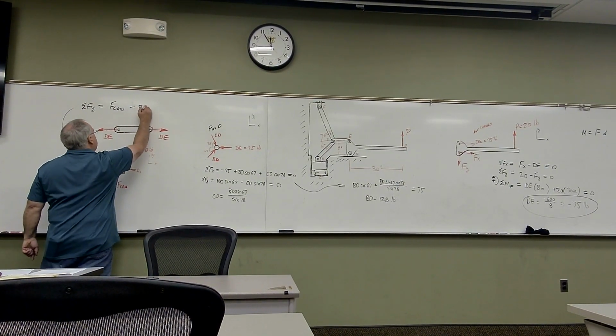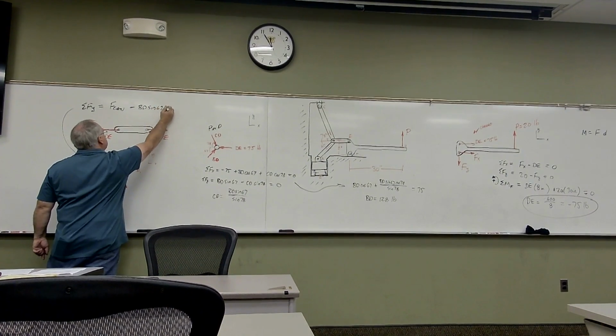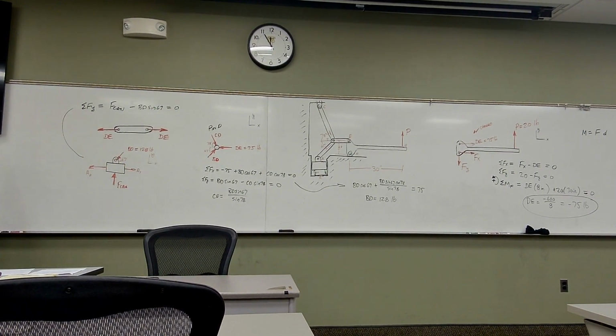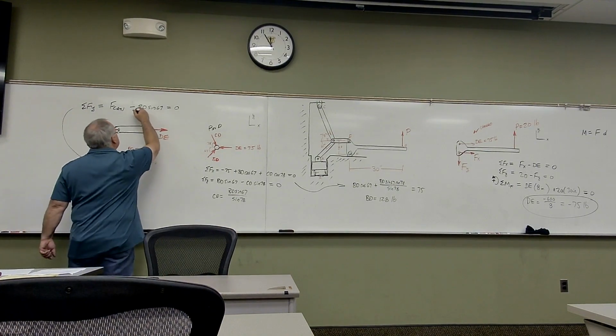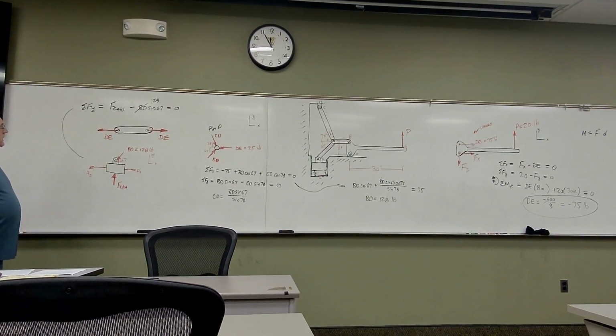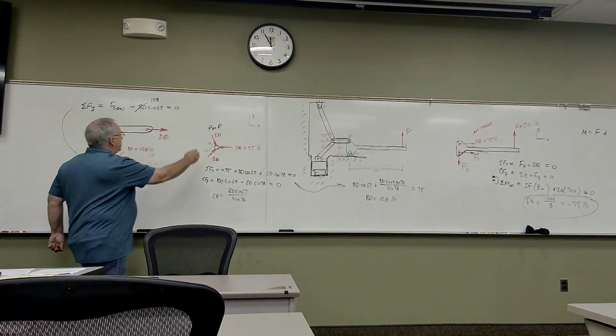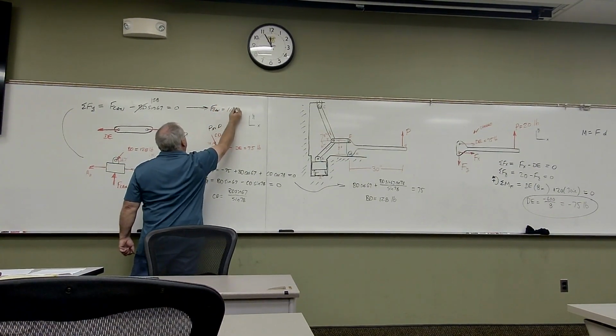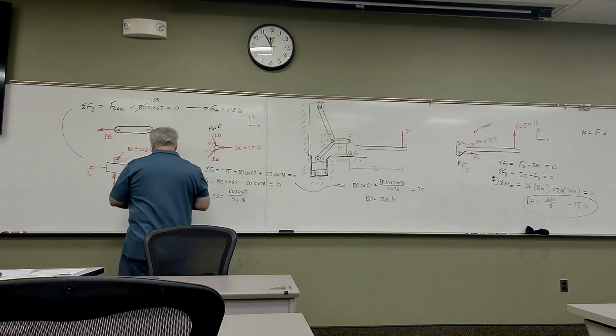So minus BD sine 67, and that's going to be equal to 0. I already know that BD was equal to 128. If I take 128 times the sine of 67, I'm going to end up with about 118 pounds. This is going to lead me to find that my force on the can is 118 pounds.